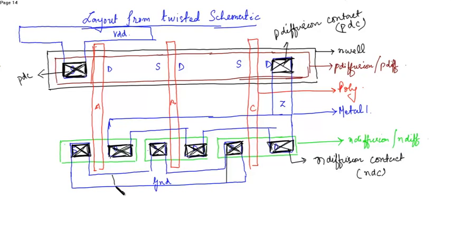Now here we have to place the substrate contacts. This is the P substrate contact, or you write it as PWC, and this is the N substrate contact.